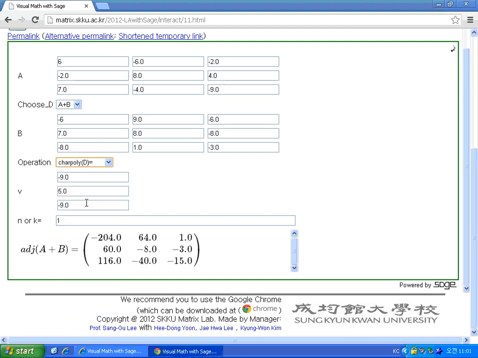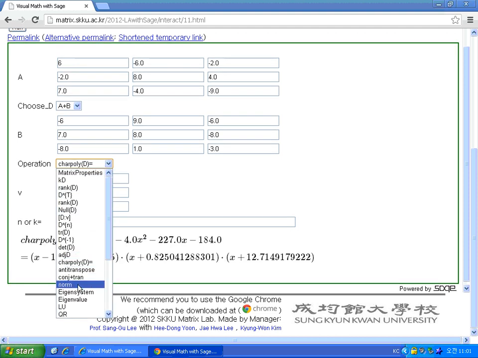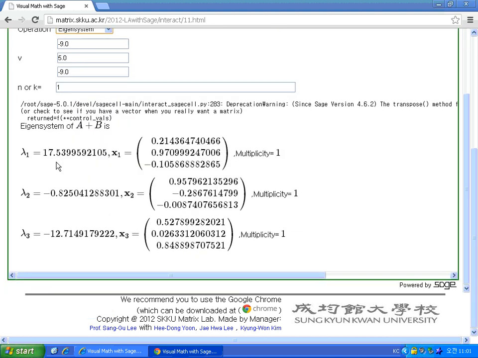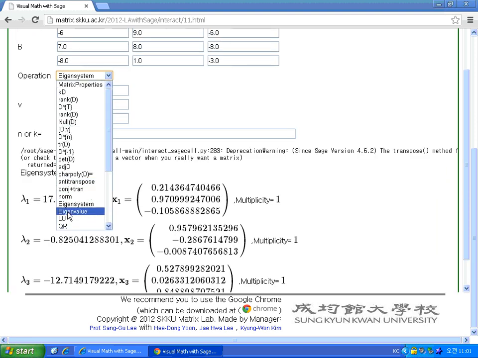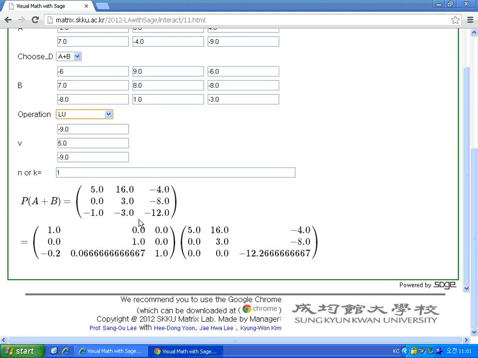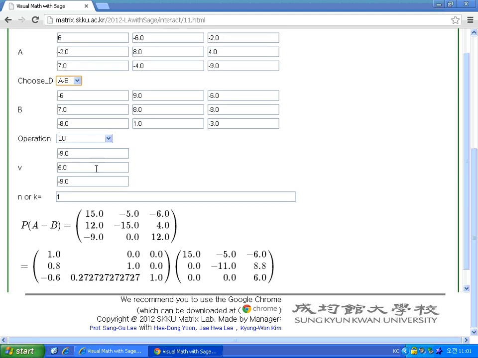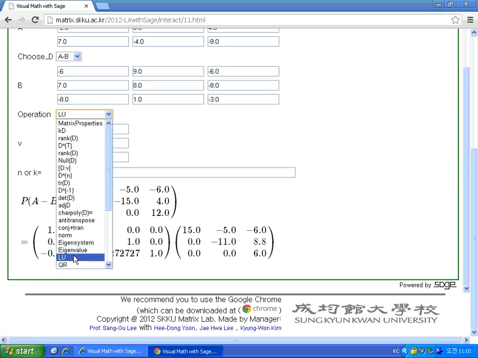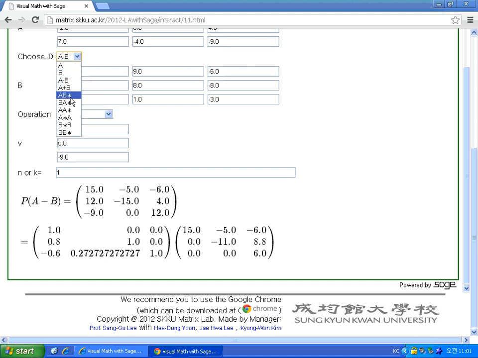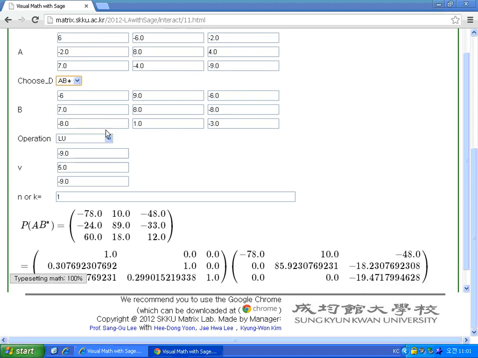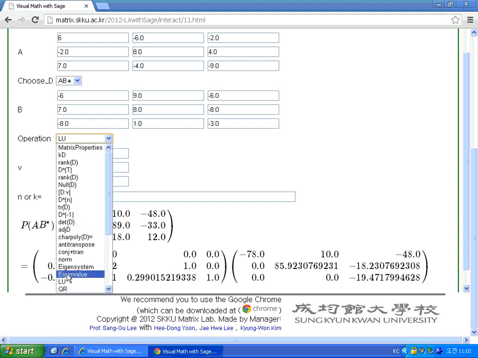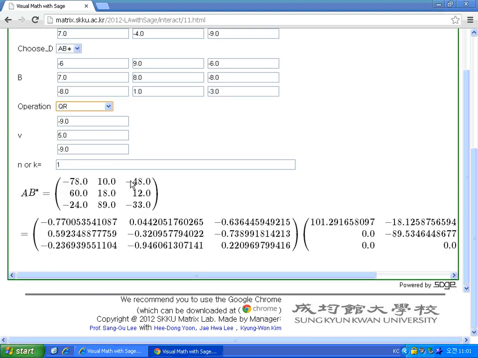And the characteristic polynomial and eigenspace, so eigenvalues and eigenvectors, each eigenvalue and its corresponding eigenvectors with algebraic multiplicities. Then you can find the LU decomposition of this matrix A plus B, or you can do A minus B, and then you have the LU decomposition for A minus B, or you can do A times B. Then the LU factorization or QR factorization of A B star, A B transpose, comes out like this.